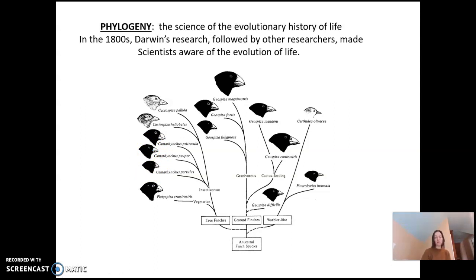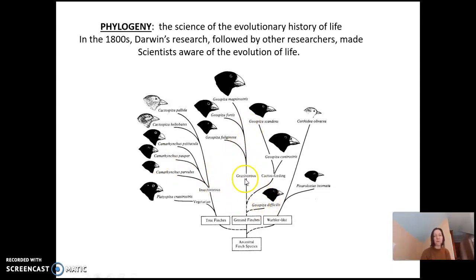A species is a group of interrelated organisms that interbreed together and produce viable offspring. So if these happen to breed together, being different species, they would not produce viable offspring. The offspring wouldn't be able to reproduce themselves. So they look alike, but they do not reproduce, and even if they did, they wouldn't be able to continue their population.